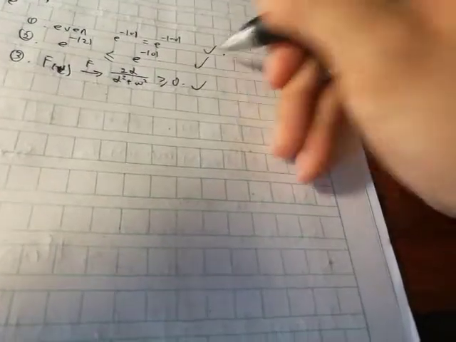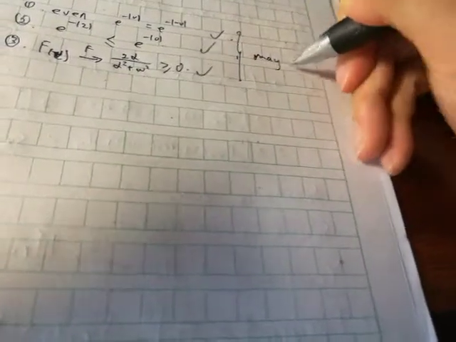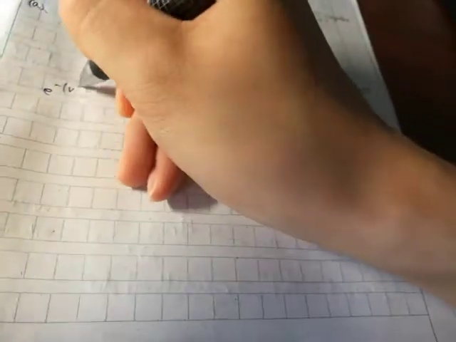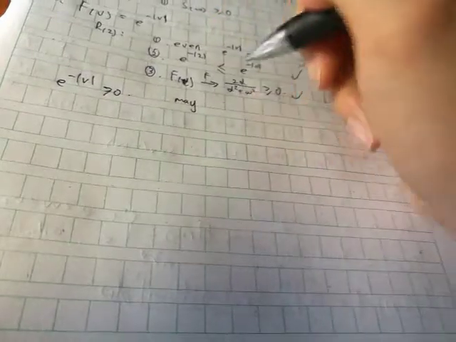So the third condition matches, so it may represent an autocorrelation. And for power spectrum, because e^(-|tau|) is always bigger or equal to 0, it may be a power spectrum. So the answer is that both are maybe.